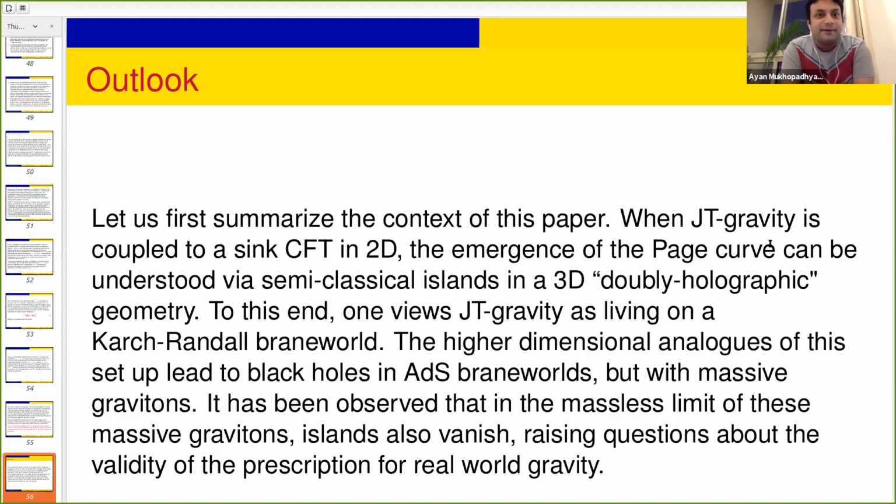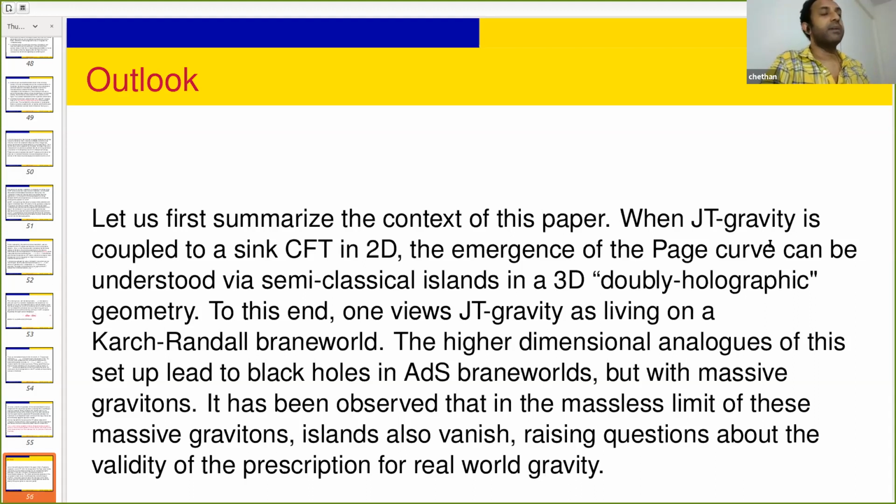The way in which I've heard people talk about it is that the original Page calculation looked directly at the entanglement entropy of a system with two tensor factors, one subsystem and the rest, as a Hilbert space.